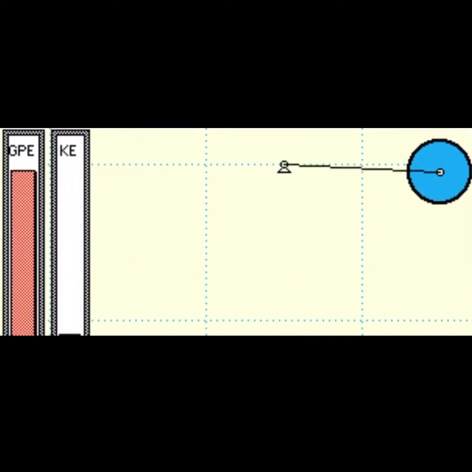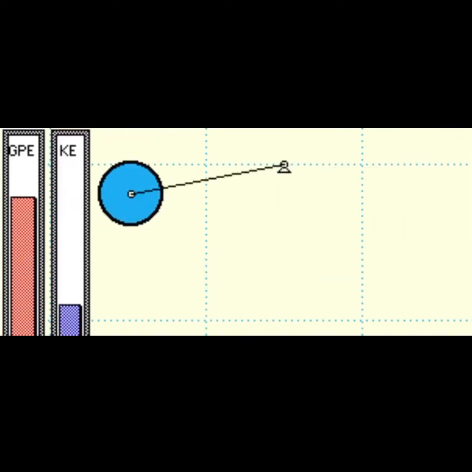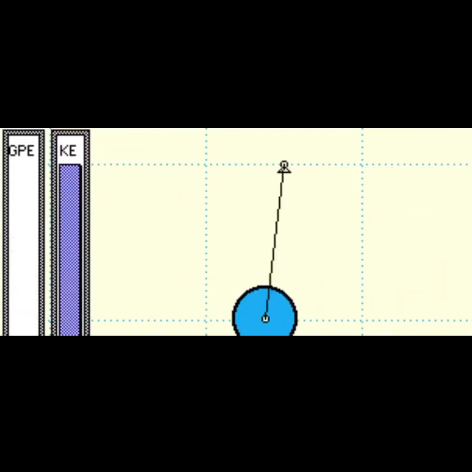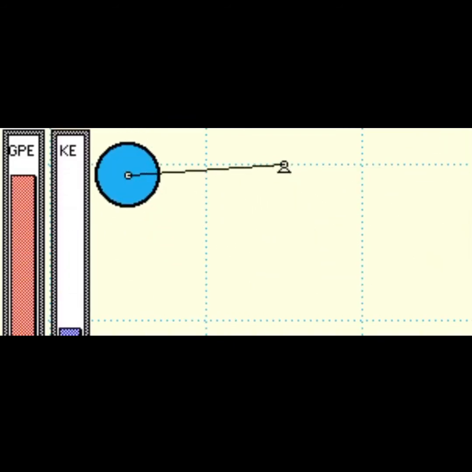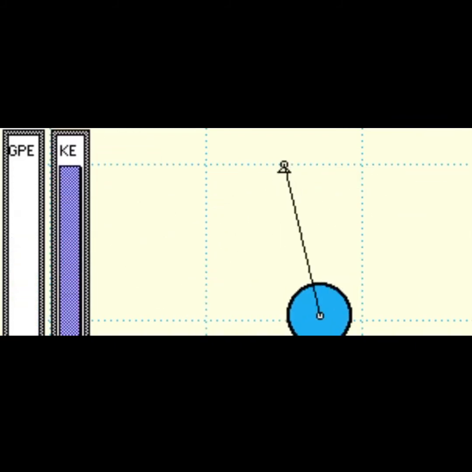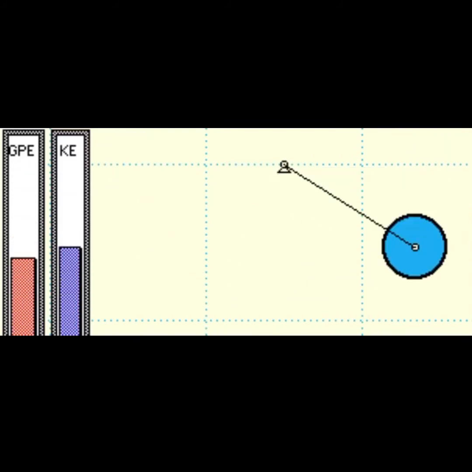At the top of its swing, the pendulum doesn't have any motion energy or kinetic energy. It's all gravitational energy, and when it starts to transform into kinetic energy, you can see that it falls, and at the bottom it has the most kinetic energy because it doesn't have that gravitational potential energy like it does at the top of the swing.